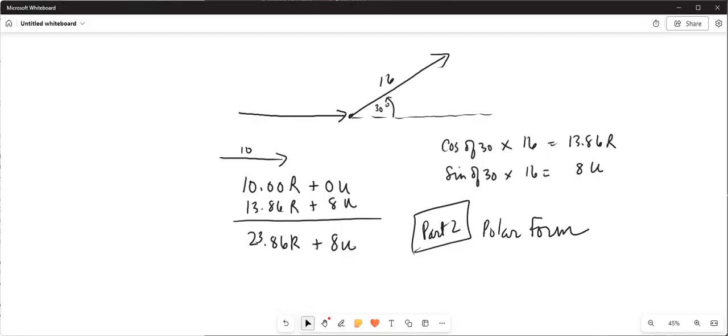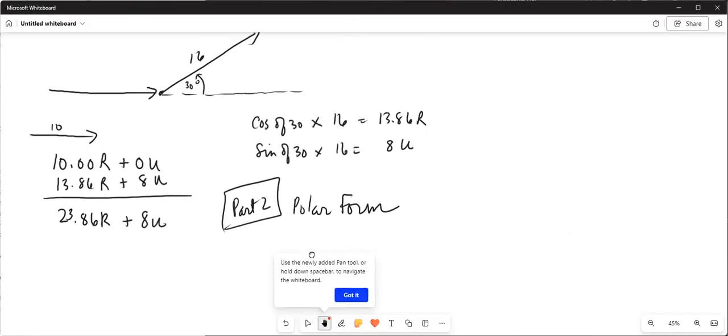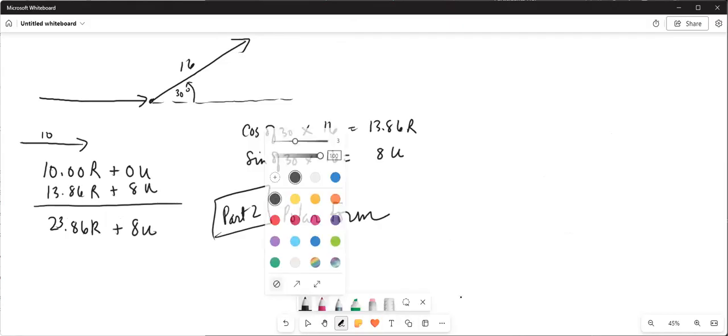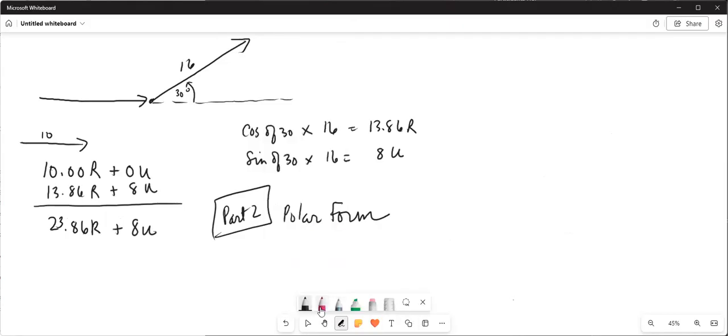Okay, and let's see here. Anna Lauren, what should I do first to figure out what the polar form is? I don't know. Okay, so first thing I'm going to do is take my directions and draw it on a coordinate plane.